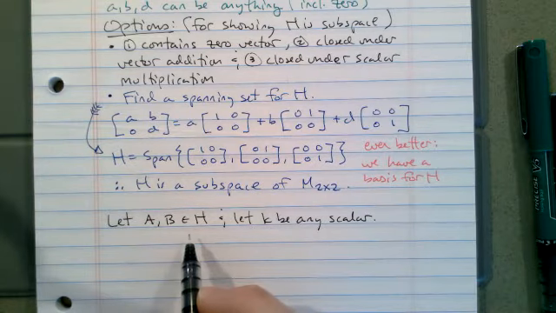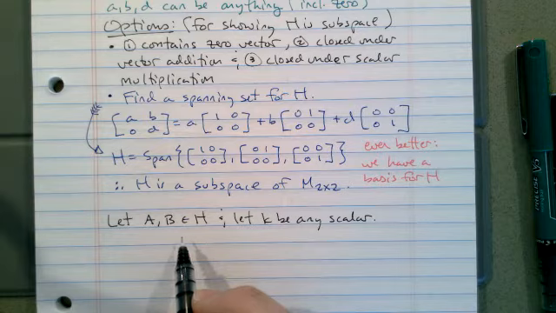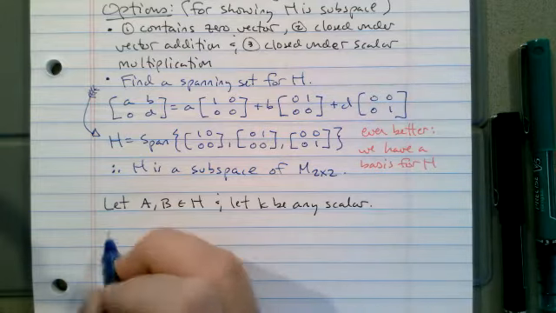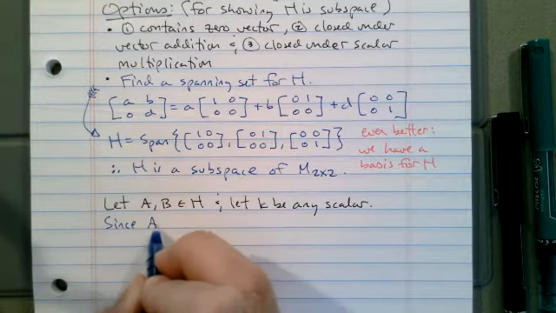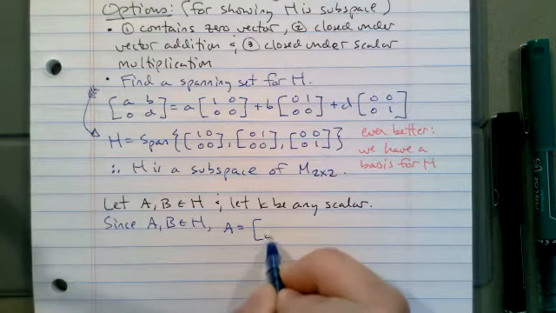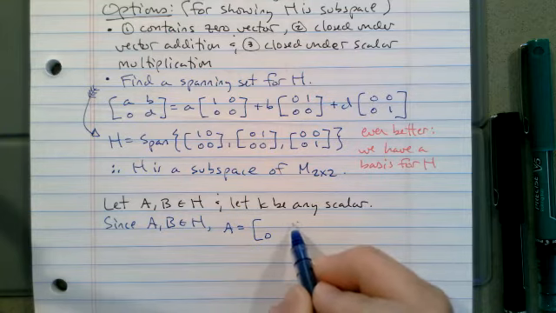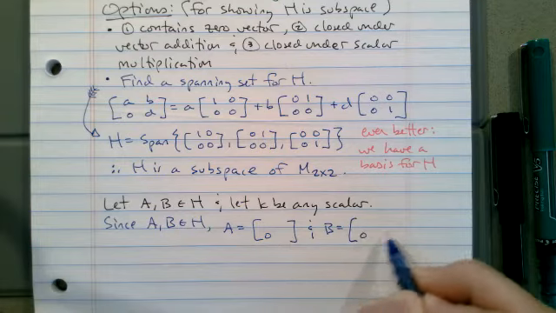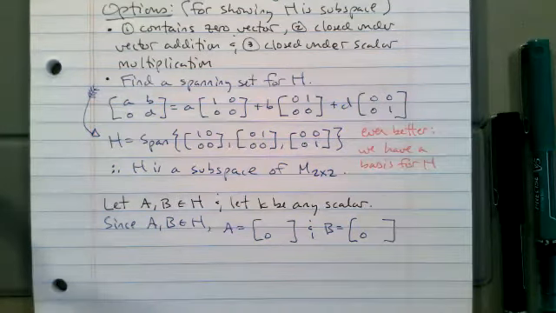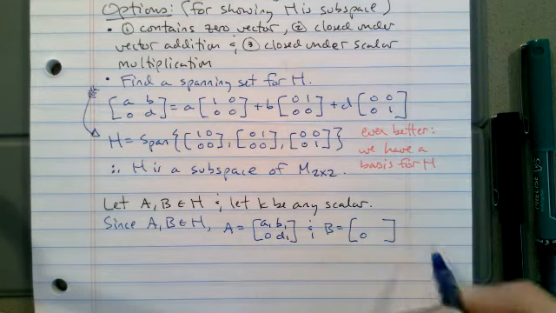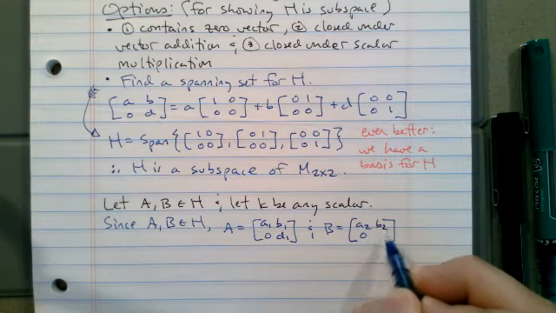Since A and B are in H, they have a 0 in the second row first column. A will have a 0 in that entry, and B will also have a 0 there. We don't know what the other three are, and we can't say that they're the same, so I'm just going to label them. A will have a1, b1, and d1, and B will have a2, b2, and d2.